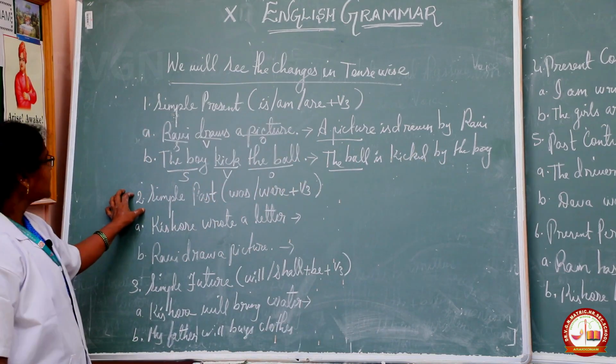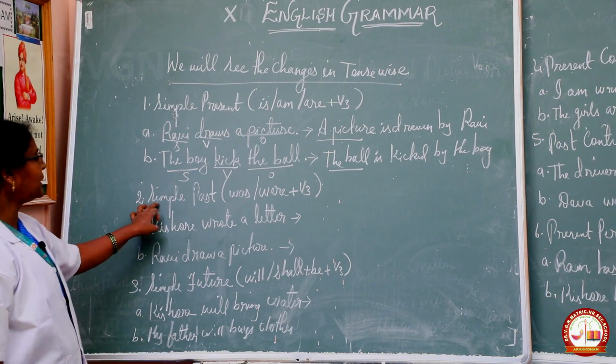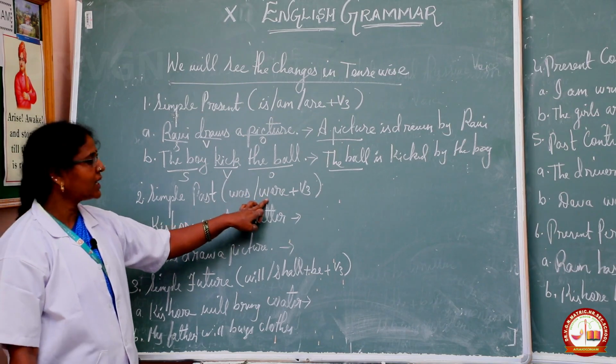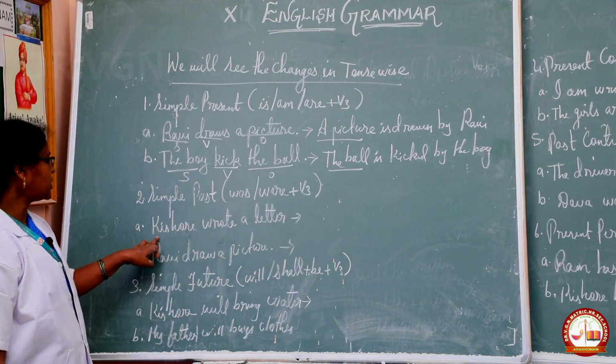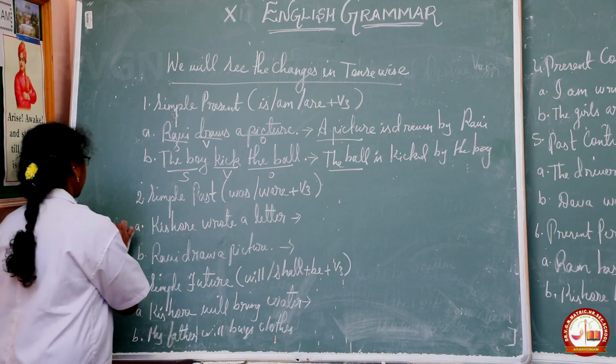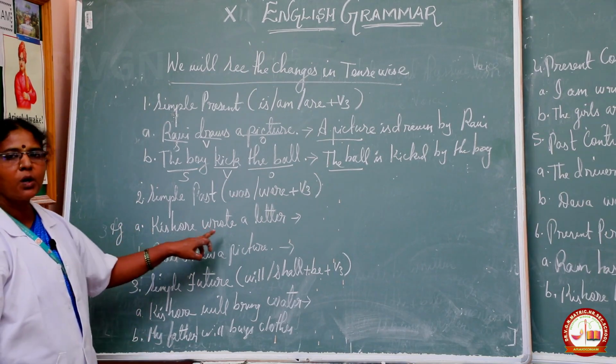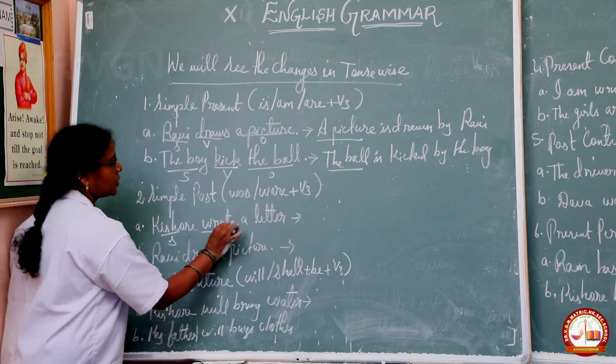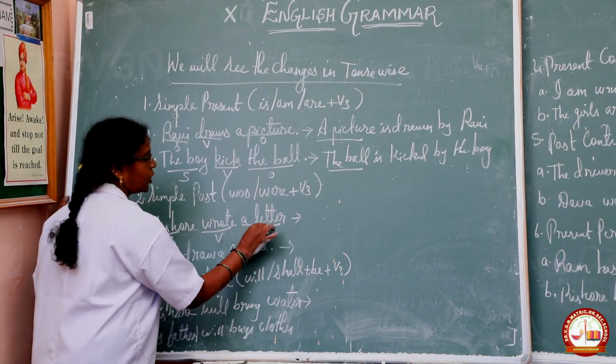Next we will see simple past tense. The simple past tense format is was/were plus V3. Now, Kishore, this is our example: Kishore wrote a letter. Here Kishore is the subject, wrote the verb, a letter the object.